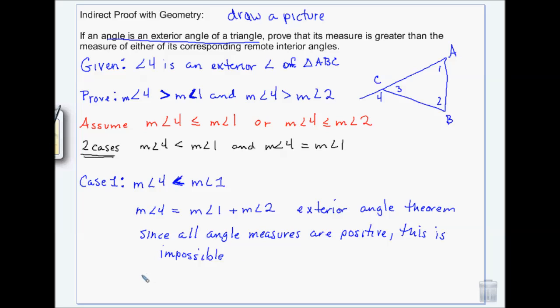So this is a contradiction. So I know that the measure of angle 4 is not less than the measure of angle 1. I've proven part of that. I got rid of case 1.